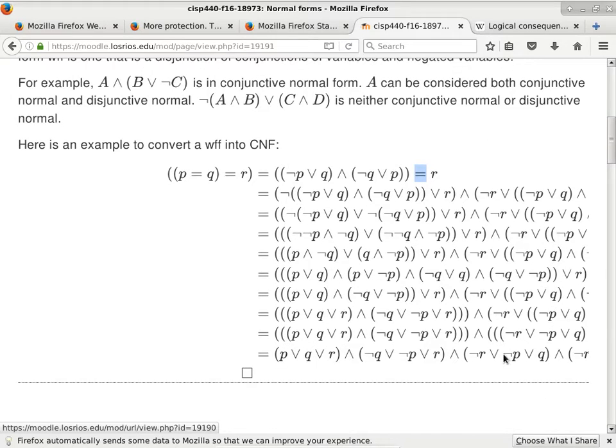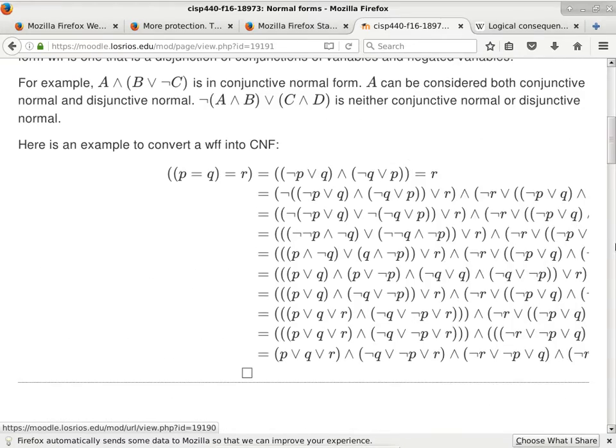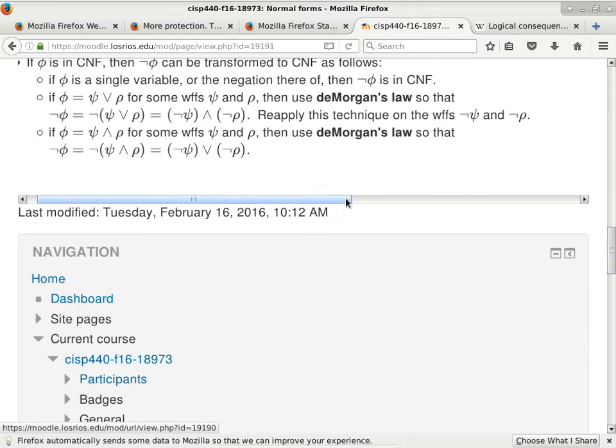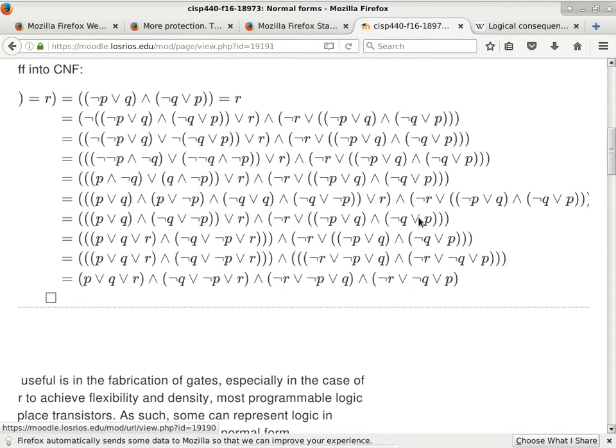Okay, where's my scroll bar? I have to find my scroll bar. It's probably at the bottom here. There we go. If you're not in CISP 310, don't complain, okay? Because those guys have to deal with something far worse than this.